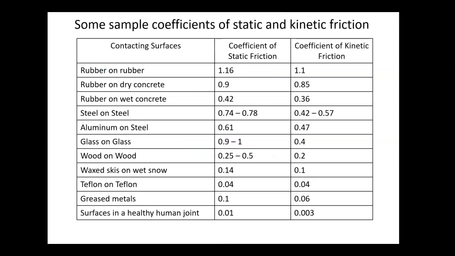Going back to this table, I'm also noticing that most of these numbers are between 0 and 1. And so usually the coefficient of friction is less than 1. Also notice that the coefficient of kinetic friction in every case is smaller than the coefficient of static friction. Always.